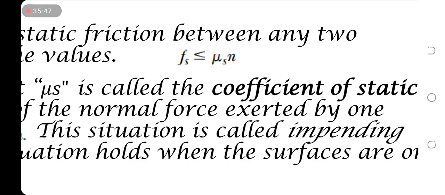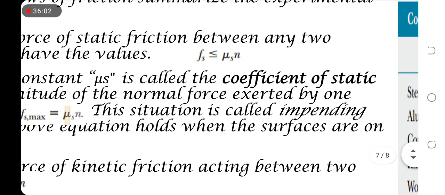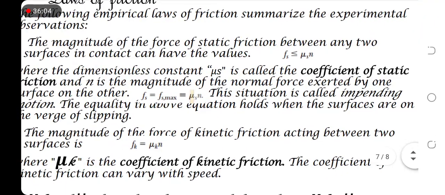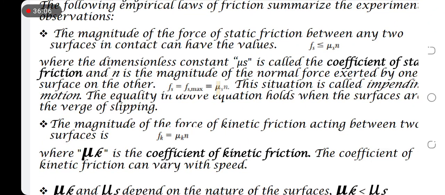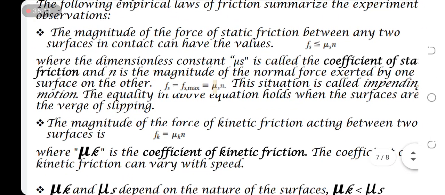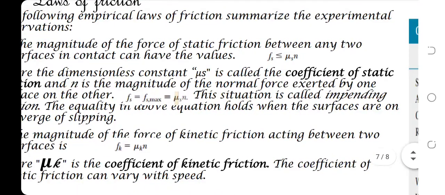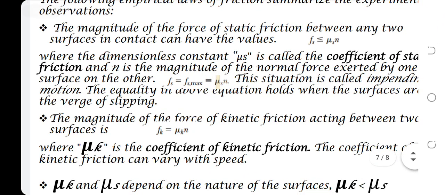The equal sign shows when the body is just about to slide, and less than applies when the body is at rest, where the dimensionless constant mu s is called the coefficient of static friction and n is the magnitude of the normal force exerted by one surface on the other surface.